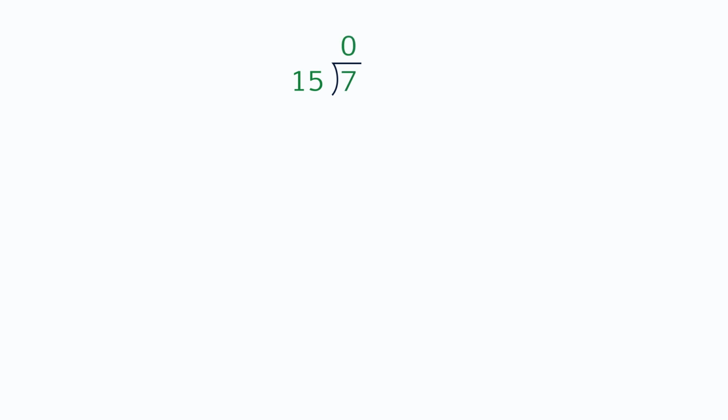So you place a 0 above the line, over the 7. You multiply that 0 by 15 and get 0. This 0 is placed under the 7. Then, subtracting 0 from 7, unsurprisingly, gets you 7.